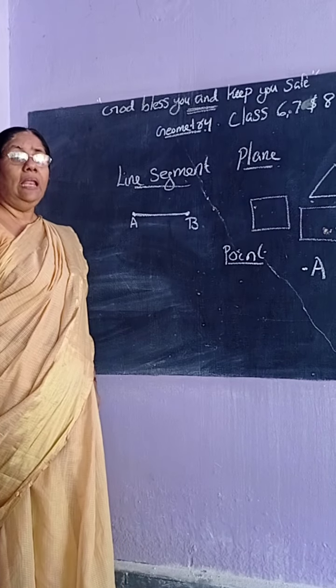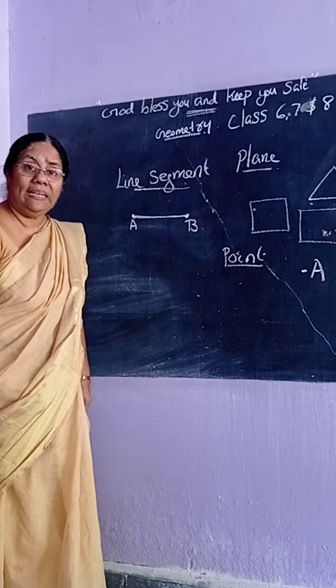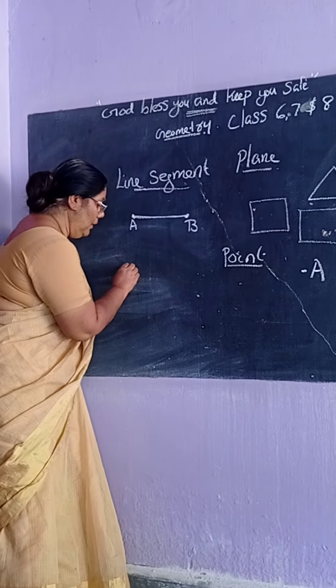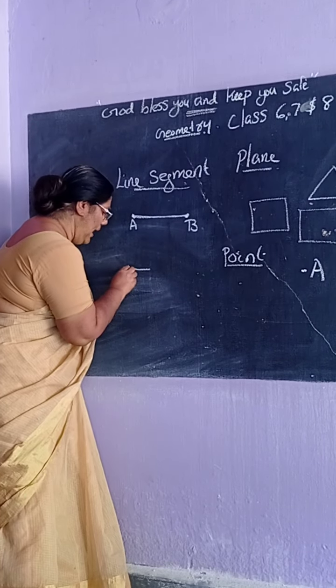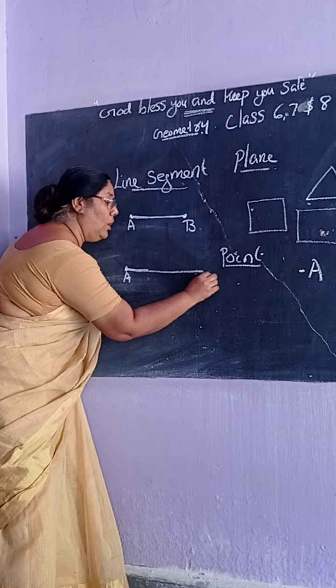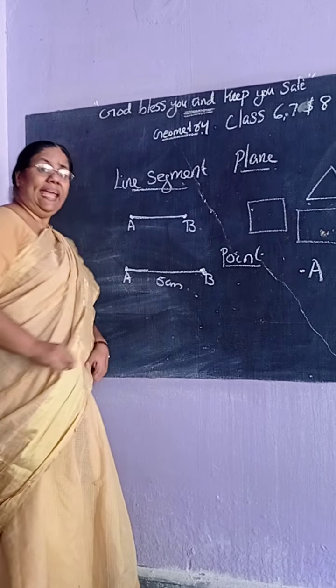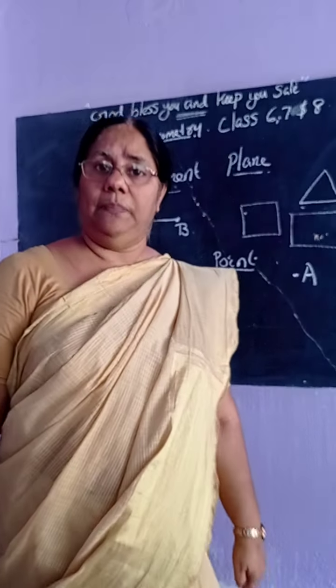Using the scale, you can draw a line segment of measurement 5 units. Put the scale here, then mark the point A. Then using the scale, you can draw 5 centimeter. This is a line segment. A line segment has two end points.